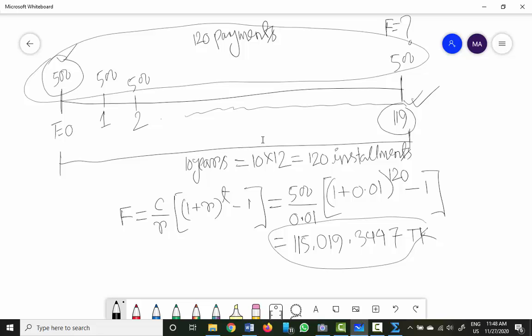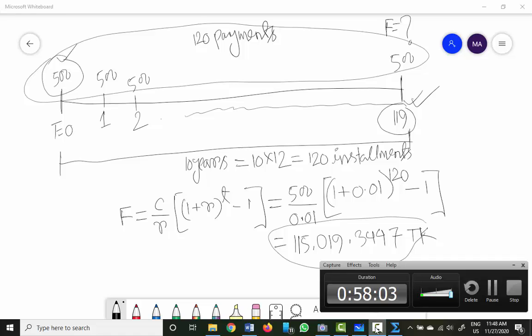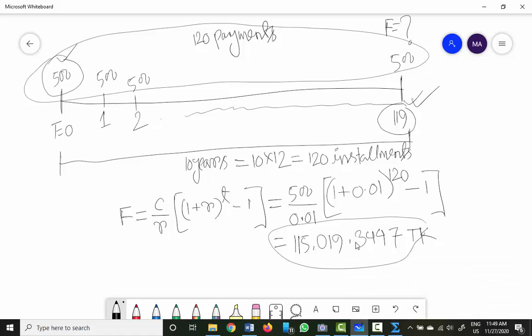If you make your first payment on 1st of January, second payment 1st of February, third payment 1st of March, and like that, if you make 12 payments in a year, the last payment will be on December 1. That means the account will mature on December 1.